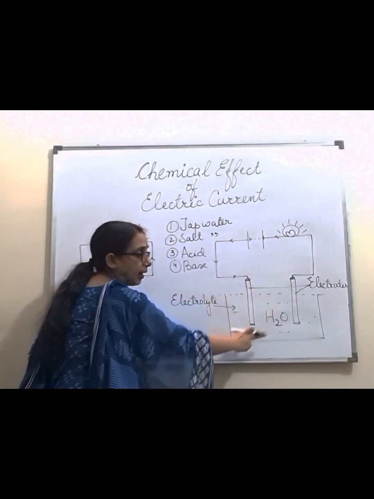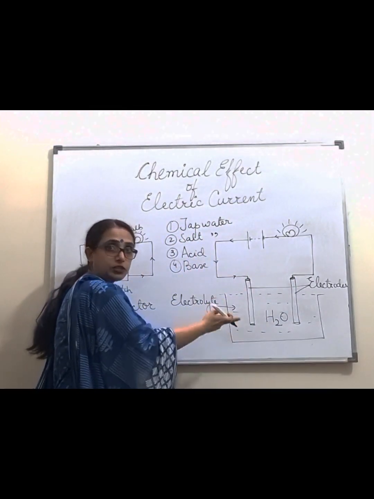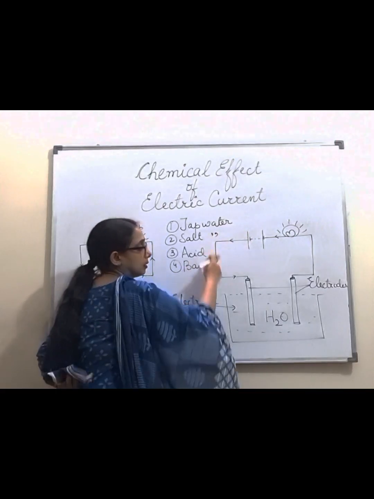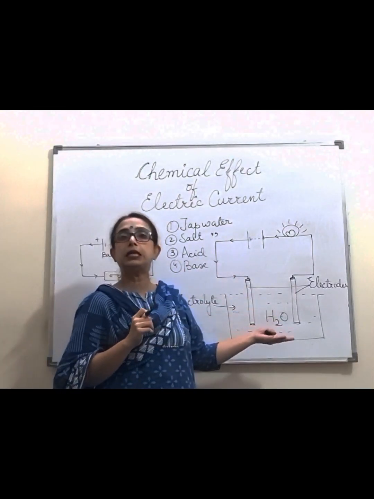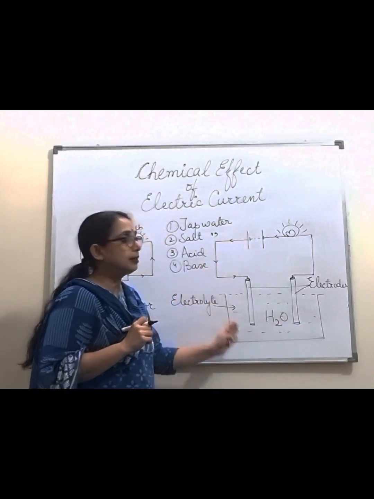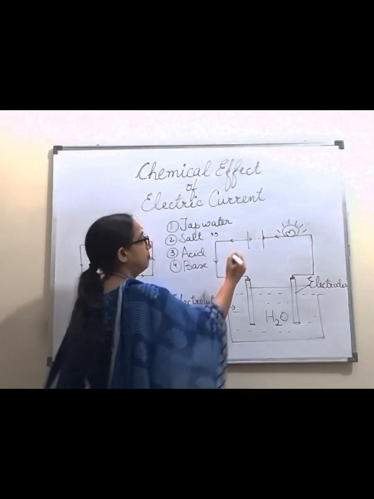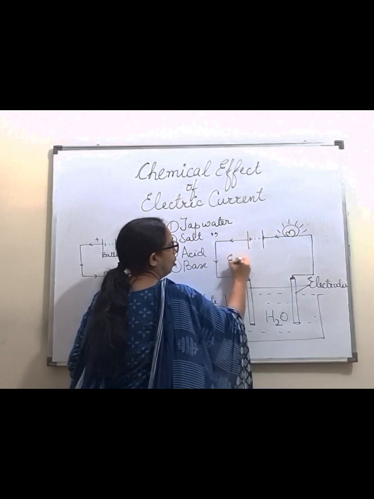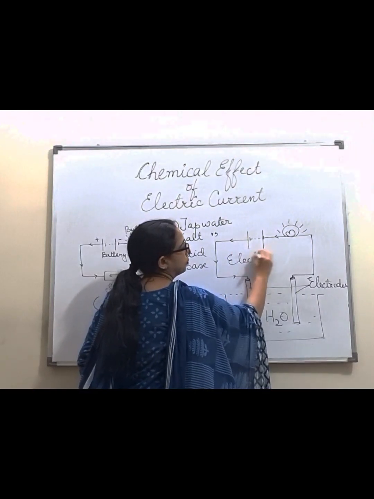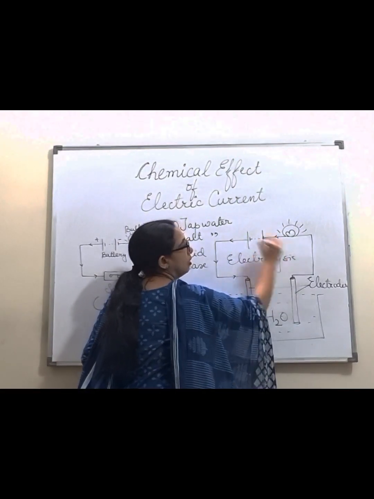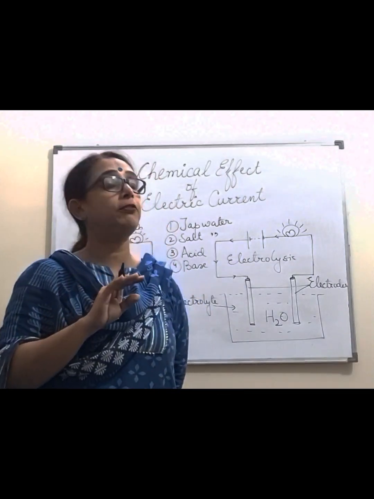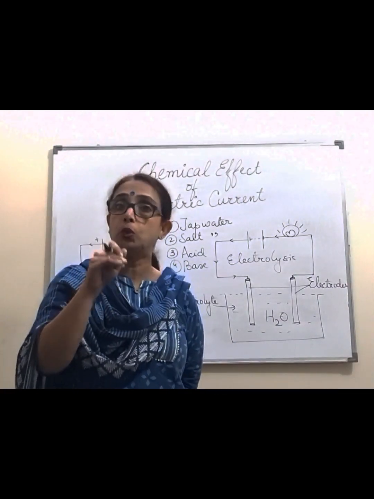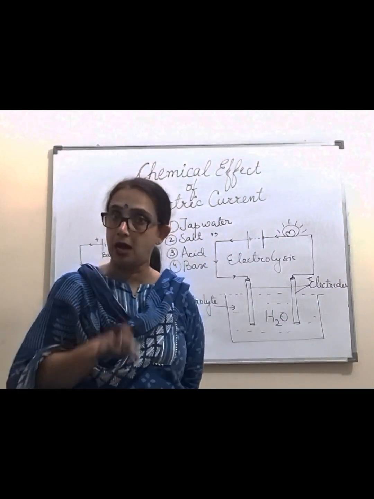And the entire process, that the current is passing and the bulb is glowing, the water being the conducting material, this entire process is termed electrolysis. This is a very important process, and mind my words, this will be very beneficial if you get to know this from the base right now.